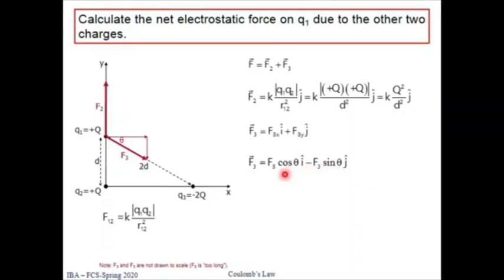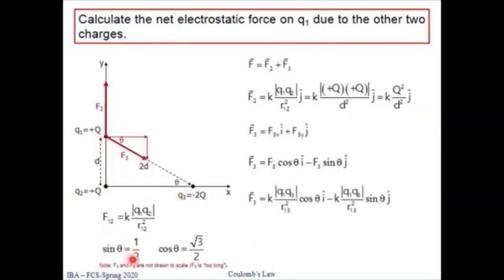In this case, we need to find F3, the magnitude of the force between Q1 and Q3, which can easily be determined through Coulomb's law. However, cos theta and sine theta can also be determined from this triangle, because you already know that sine theta is equal to half and cos theta is equal to root 3 by 2.